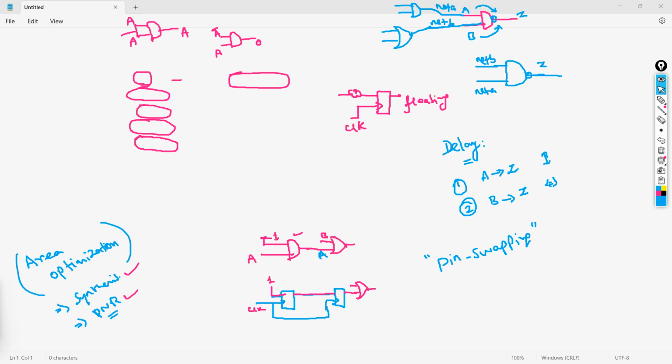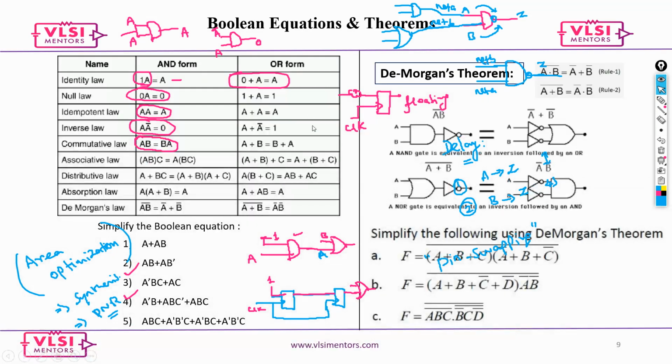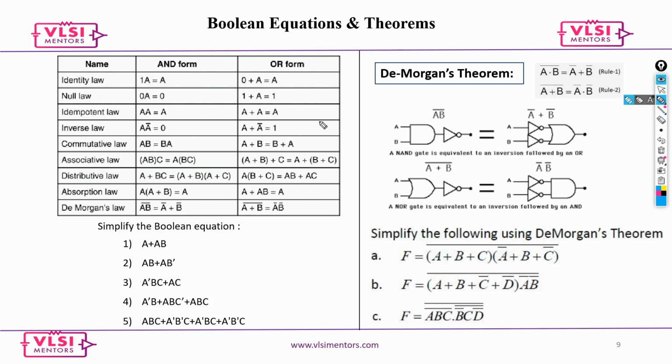So we were talking about the Boolean theorems. See here, it is kind of this way. Again, this also you can collapse. Say, for example, how many AND gates do you need? In an AND gate itself, there are two input AND gates, three input AND gates, and four input AND gates.